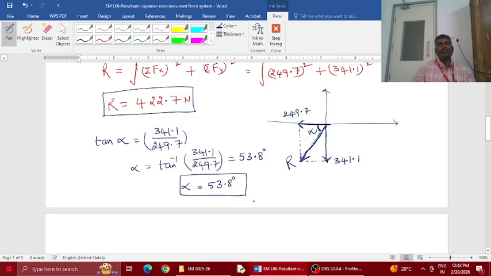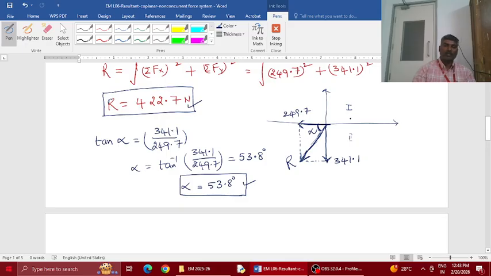Okay. Right. So out of three quantities asked for the resultant, you got two. One is the magnitude, which is 422.7, and the direction, it is towards negative x-axis and negative y-axis, which means if you call this as first quadrant, second quadrant, third quadrant.